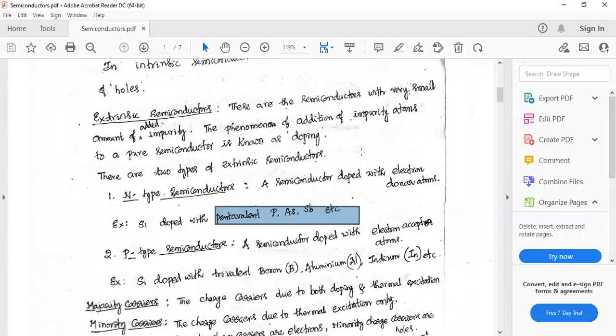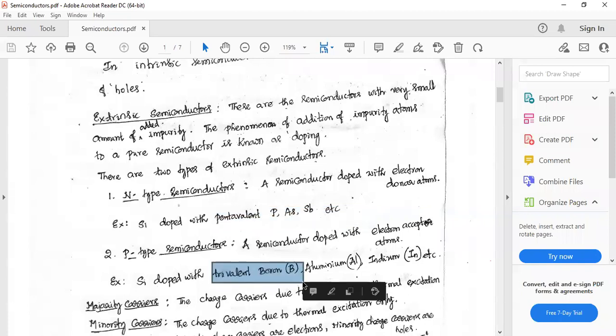Similarly, if I add a trivalent impurity such as boron, let me use the edit option. A trivalent impurity has one electron deficient to form the covalent bond between the four neighboring silicon atoms.